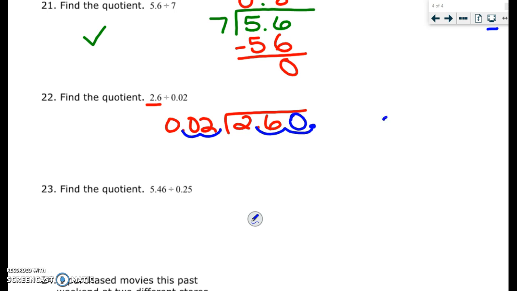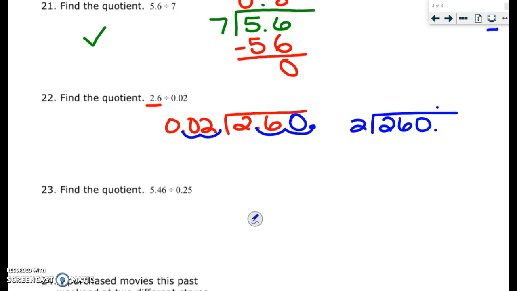So now my problem becomes 260 divided by 2. Moving that decimal point up just in case I need it later on. So then you would solve to see what the answer is. But I do know that it's going to go in evenly because this number ends in a 0 and 2 goes into any number that ends in a 0.